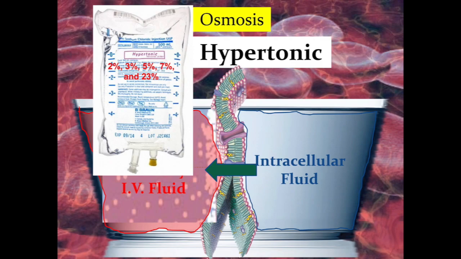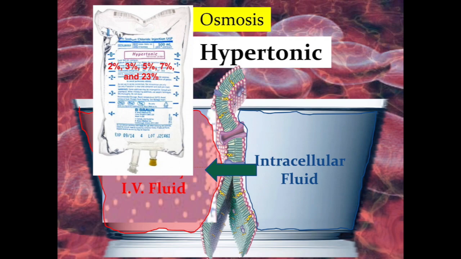We have a fluid called hypertonic saline. Notice that the letters on the IV bag are in red, and it is 23.4% sodium as opposed to 0.9% sodium in normal saline. We call it normal saline because it's the normal salt content within the cell.